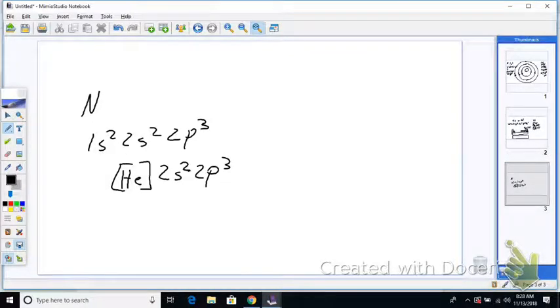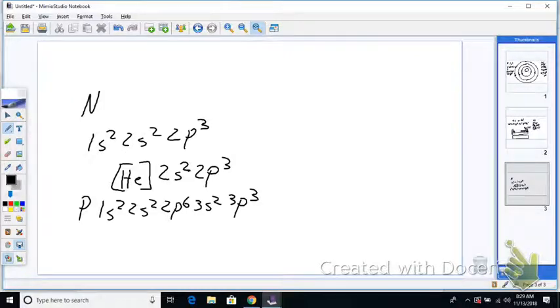So what I'm saying is, I know the configuration through helium, so I'm going to do that configuration. Okay? So let's do phosphorus. You guys had phosphorus, and phosphorus is 1s2, 2s2, 2p6, 3s2, 3p3. On this one, I'm going to do the same thing.